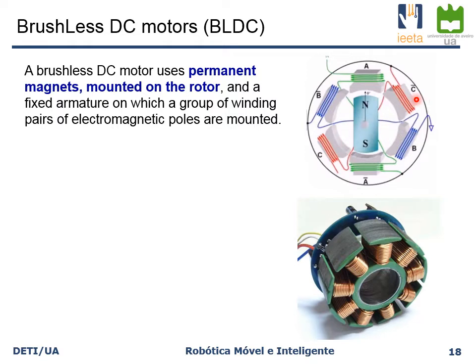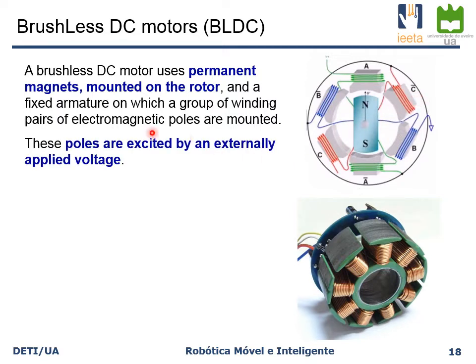Depending on the way you excite these coils, you generate a magnetic field. For instance, if you consider this particular situation and you excite the poles B, assuming that the generated magnetic field is the correct one, this will try to force this rotating part to align with these 2 poles.